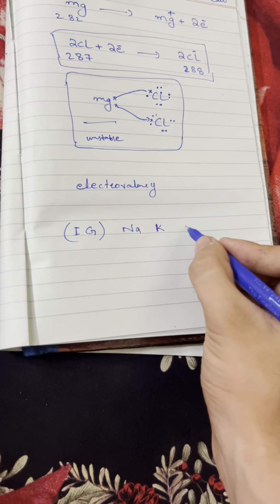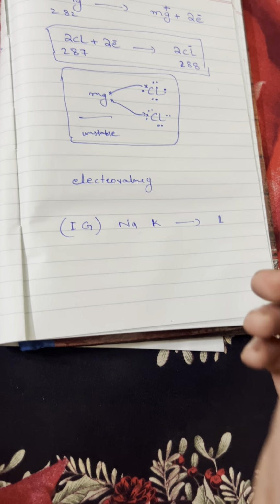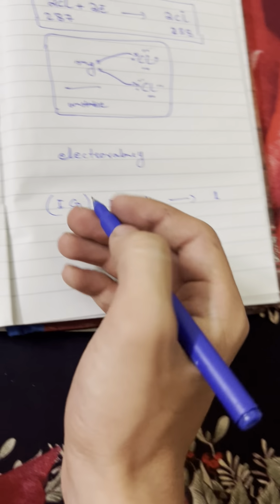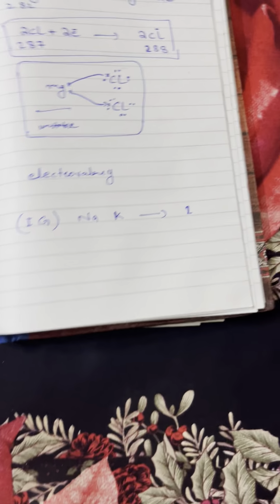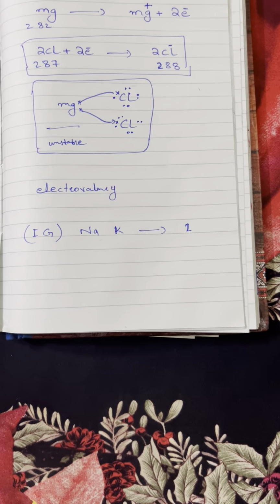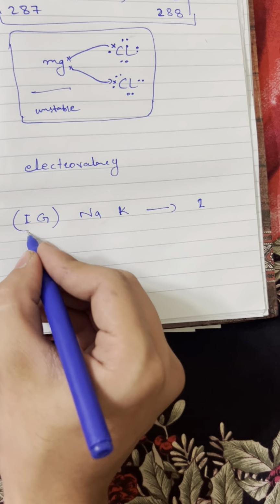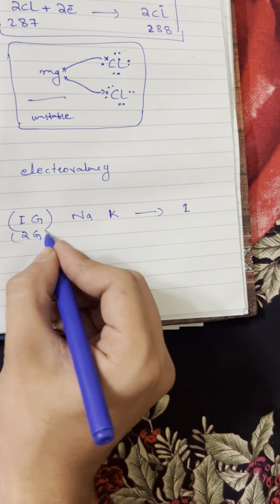Their electrovalency will be 1, because in their valence shell there is 1 electron. So the first group elements have an electrovalency of 1.